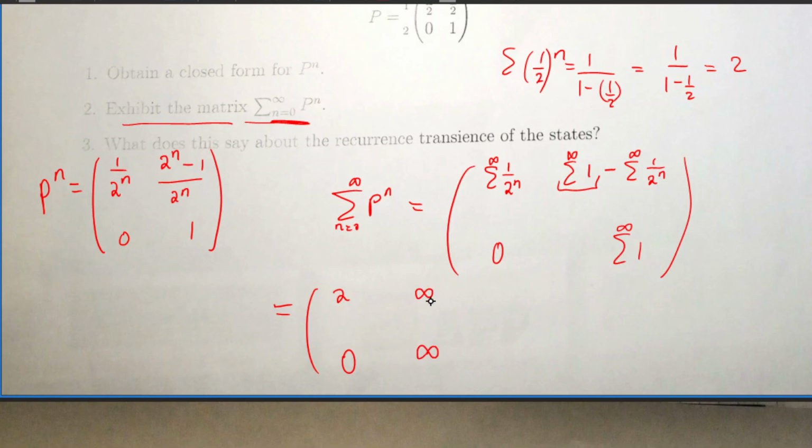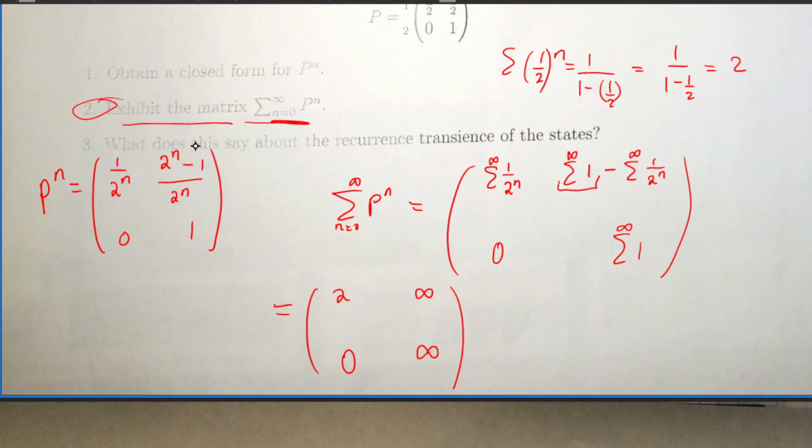So here we're just putting divergence as infinity by virtue of having this sum going to infinity. All right, so that is what we're going to have for question 2.